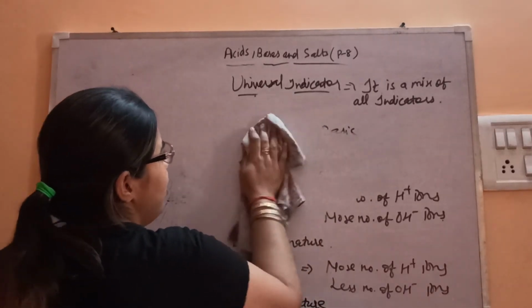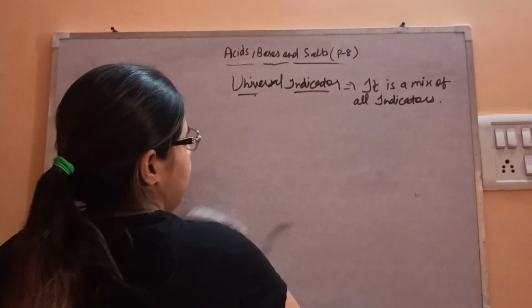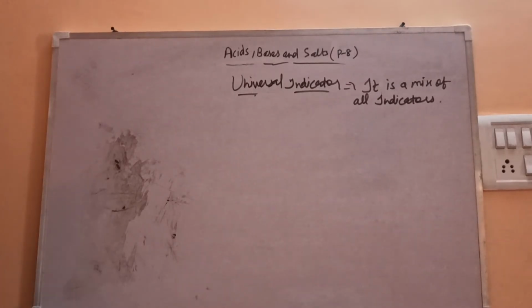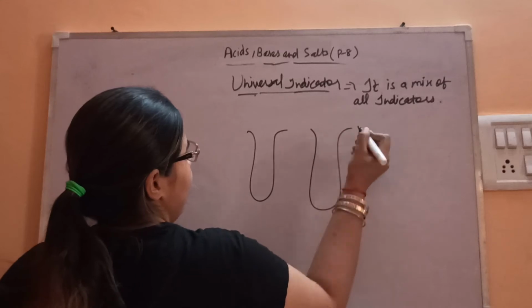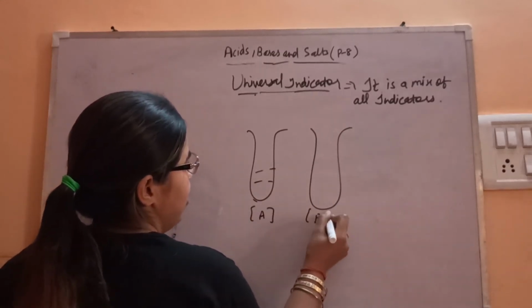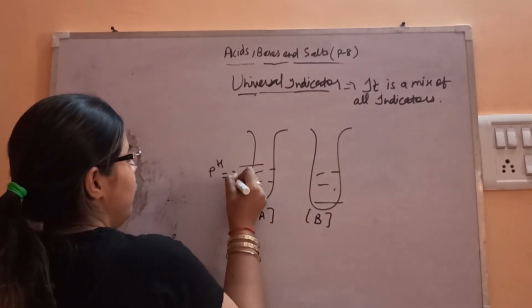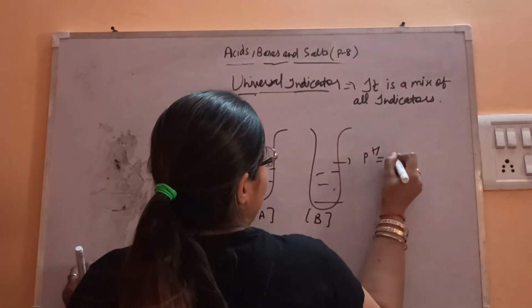Okay, let's compare. See, I am having two different solutions. Let's say this is A and this is B. A is having pH equal to 2 and B is having pH equal to 4.